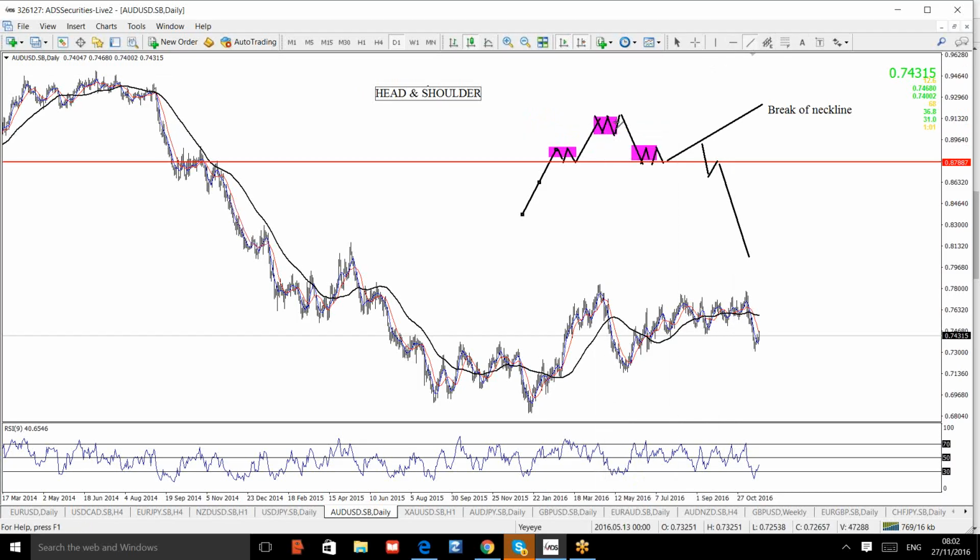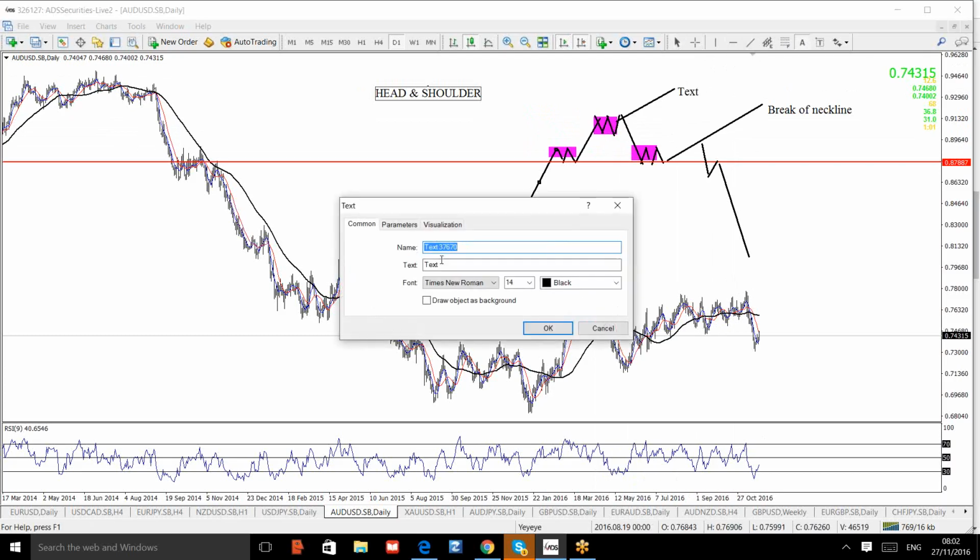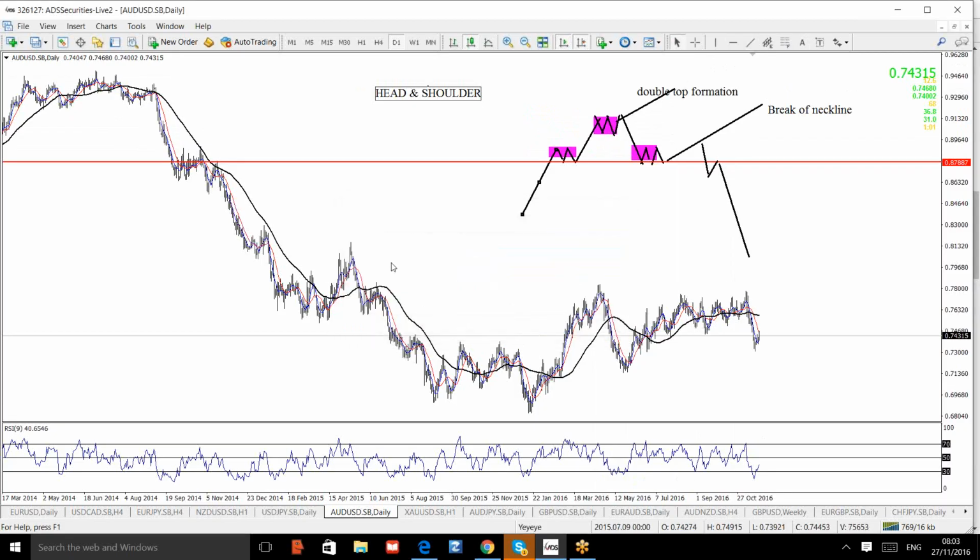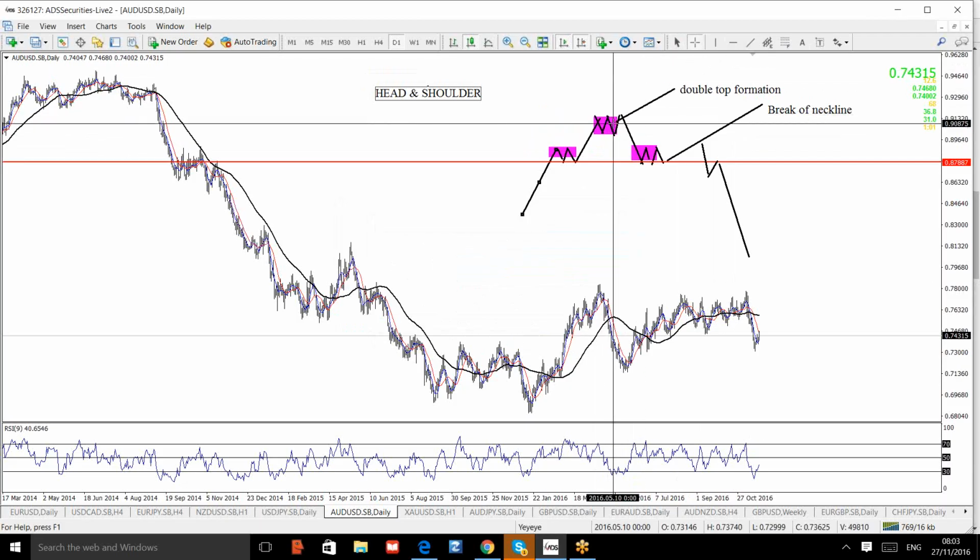So on the head, you might see a double top formation. This is why I like to teach double tops and double bottoms and head and shoulder together, because they have a combined relationship. Makes sense? At the head, you will have the double top formation.